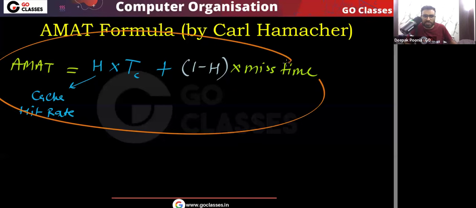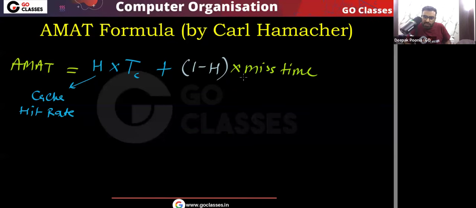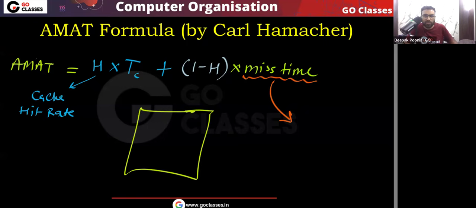This formula we have already seen in the previous lecture. But remember, this miss time, according to Carl Hamacher, is the miss penalty. According to the Carl Hamacher book, the miss penalty includes the time to check the cache memory for a hit or miss.